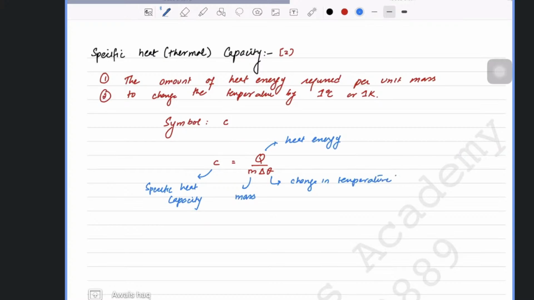It could be either in Celsius or Kelvin, doesn't really matter. Now comes the SI units. The SI units of these are joules per kg per Kelvin or joules per kg per degree Celsius. So you can write that as well.